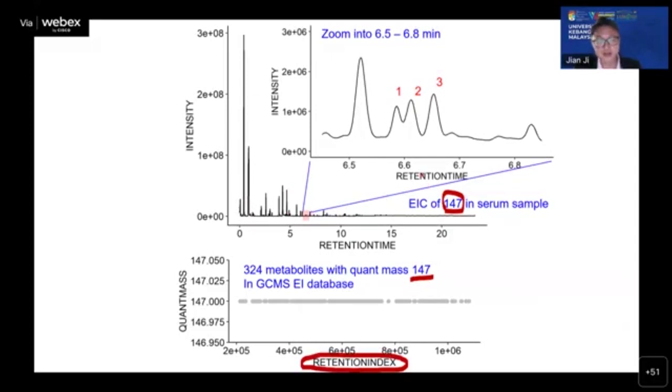And if you zoom in at a random position like 6.6 here, you will see there are 3 different metabolites, all of them have 147, and their retention times are pretty close. So when we have a large number of samples for quantification, the software will make a mistake.